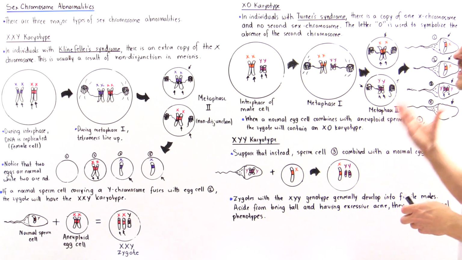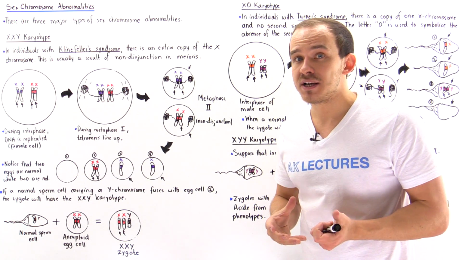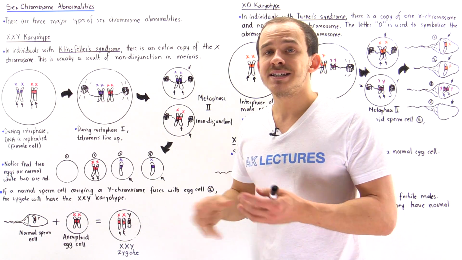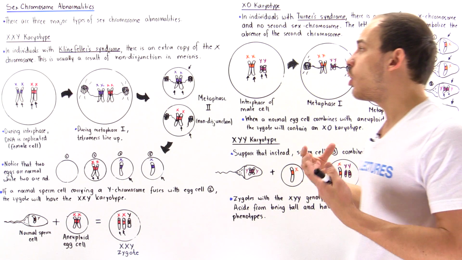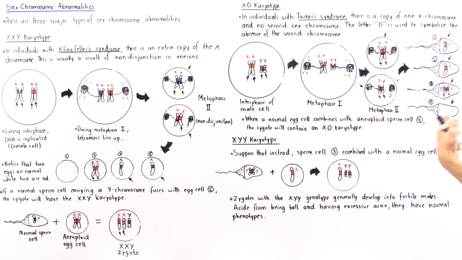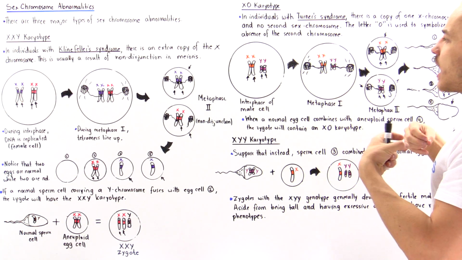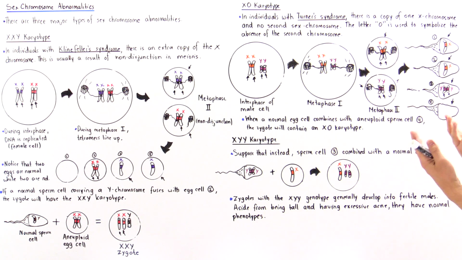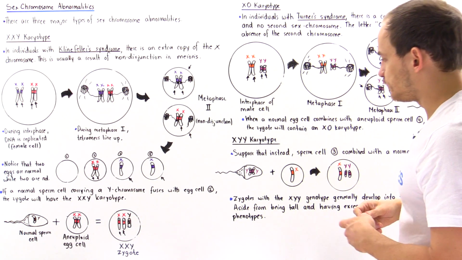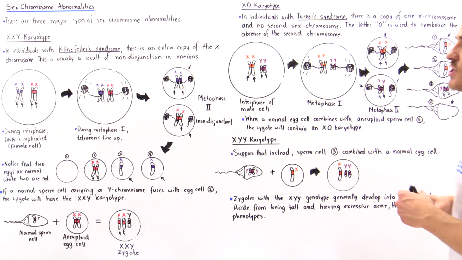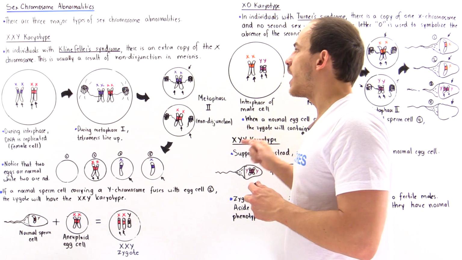However, these females are sterile, and that's because that second X sex chromosome is needed to fully develop the ovaries. And so these individuals are sterile because they do not have fully developed ovaries and fully developed female genitalia.